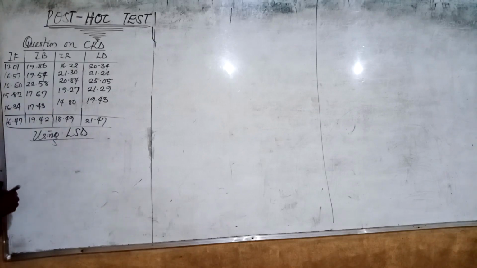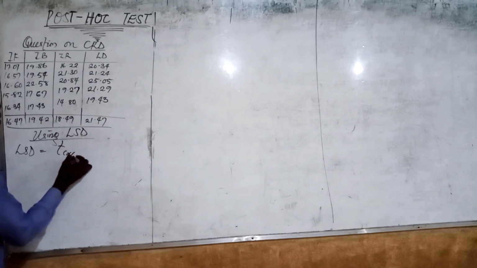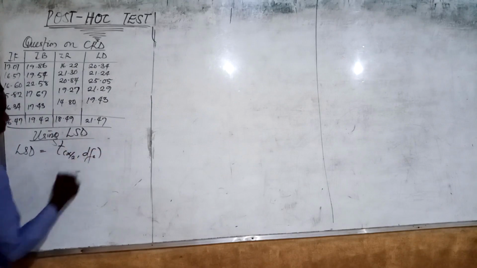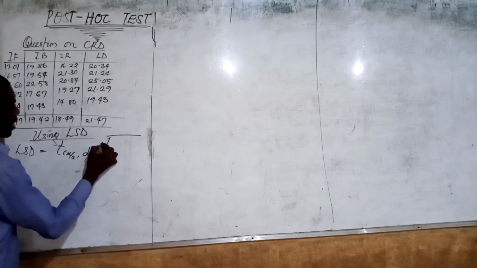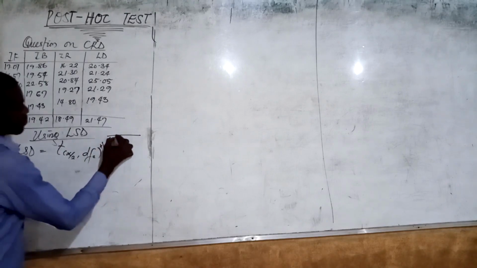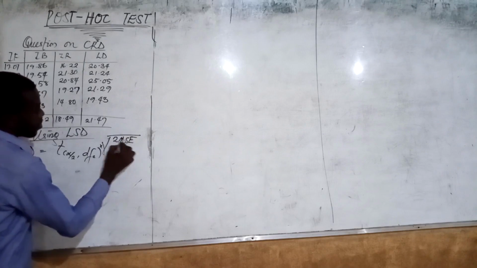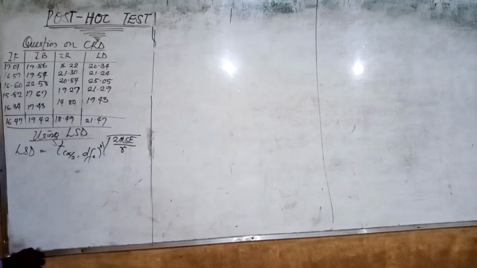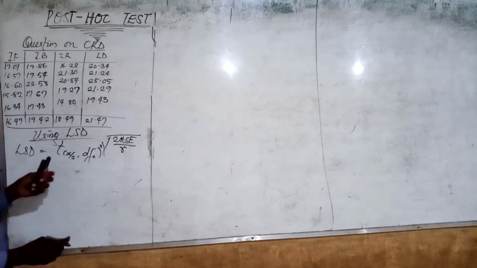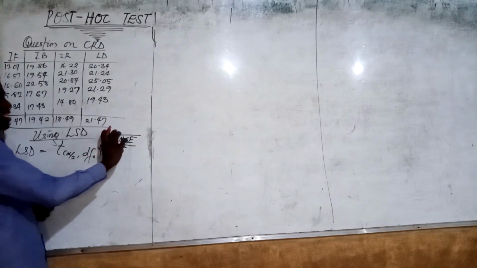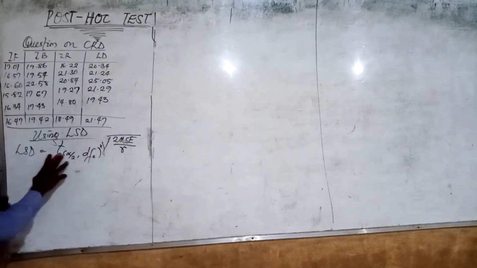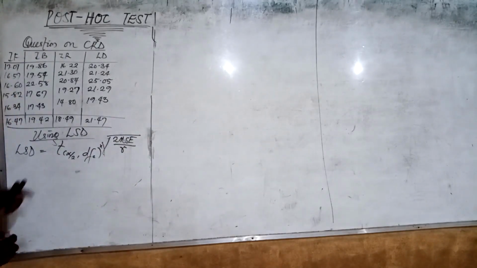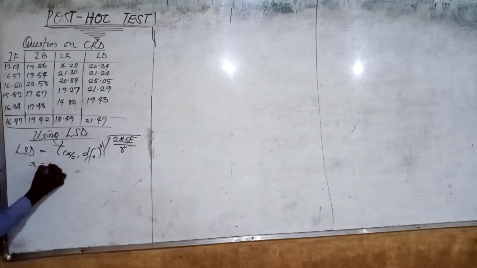Now, my LSD is given by the formula t alpha over 2, df error, times the square root of 2 MS error over r. In this case, it's almost the same as the DMRT. We are taking the standard error first, then multiplying by a particular t value from the t-test table, since our alpha here is 0.05.